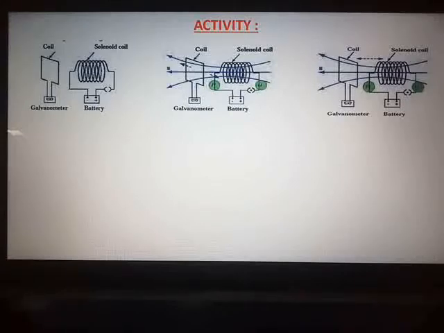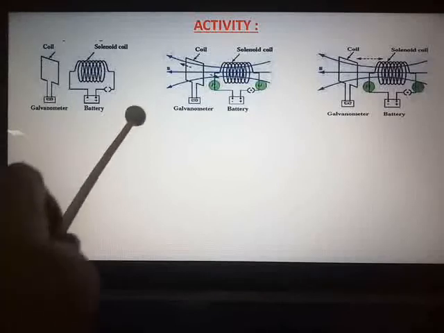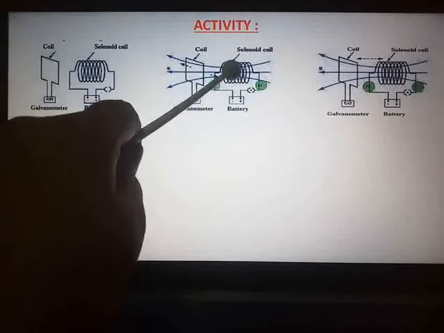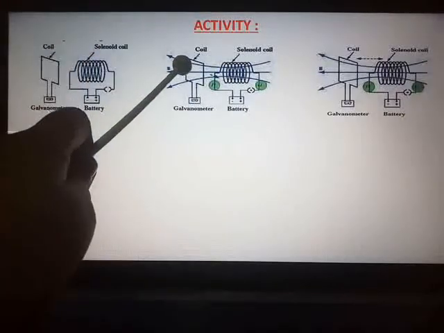Now when the electrical current is flowing through the solenoid coil and the solenoid coil is displaced with respect to the coil, the current is still produced in the coil. Even if the solenoid coil is kept stationary, a change in the current in the solenoid coil produces a current in the coil.